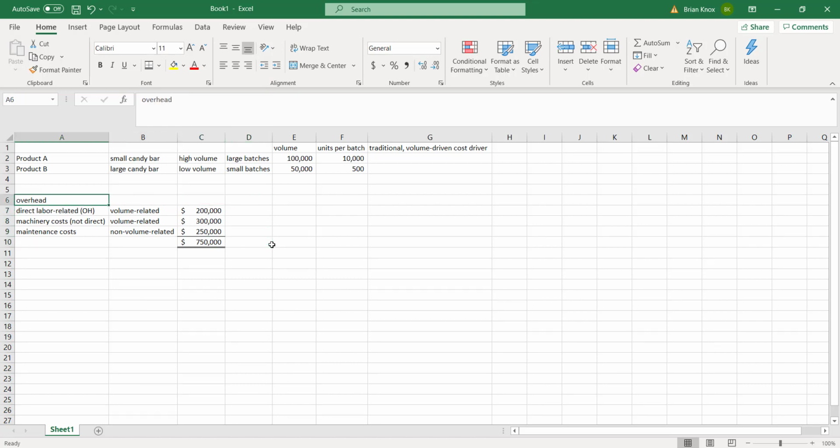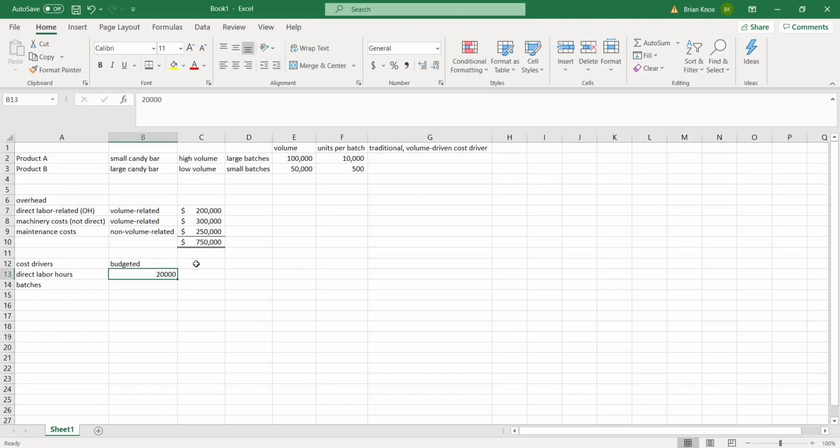Now, we'll just make up some cost drivers. We have direct labor hours, and then we also have batches that we're expecting. And so our direct labor hours that we're budgeting, let's just say we have 20,000 direct labor hours.